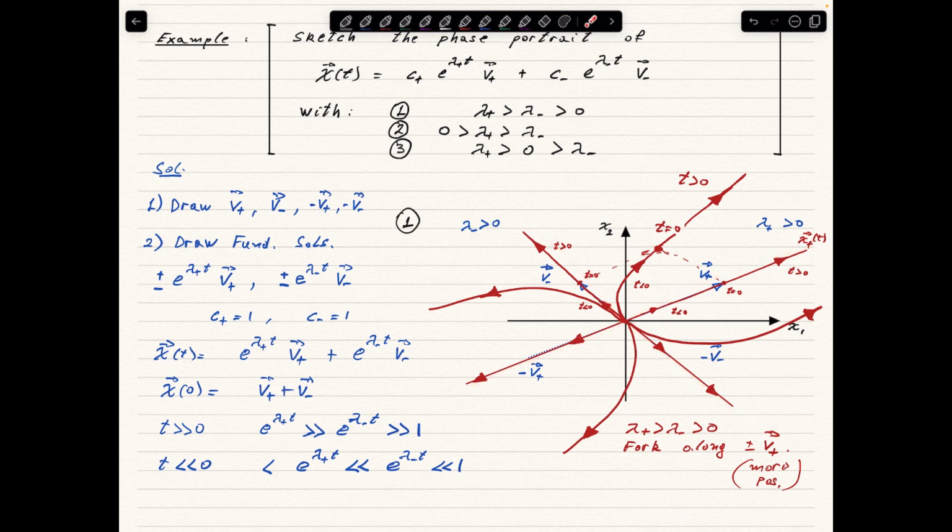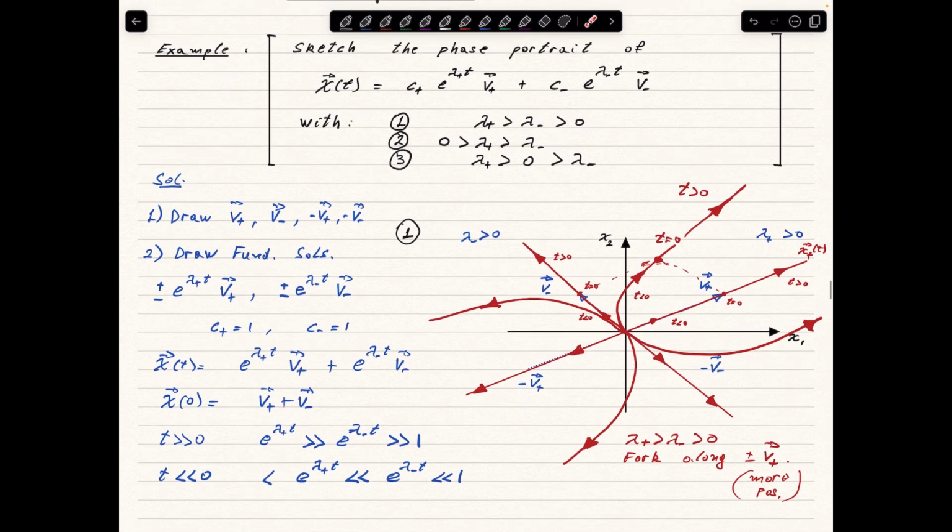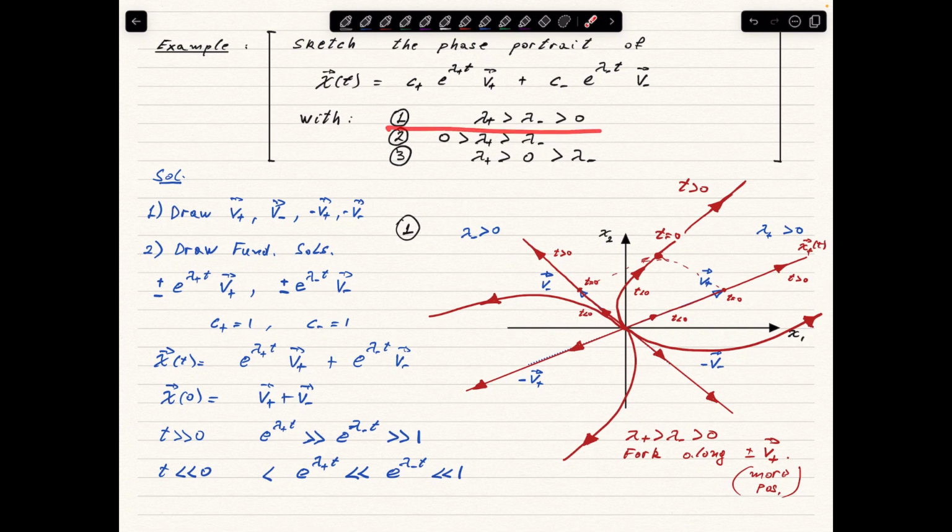And then we study only one solution, a linear combination, and we study the case t equals 0, t very large, and t very negative, large and negative. And we study the behavior of the exponential, and we get these curves. So that is the case, both eigenvalues positive.